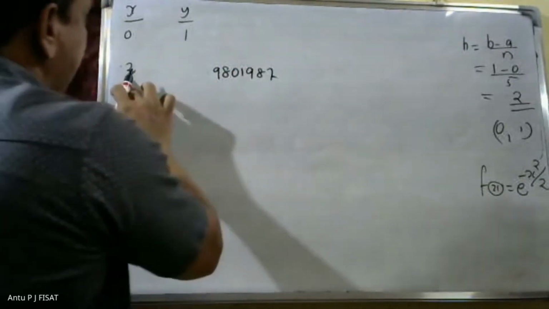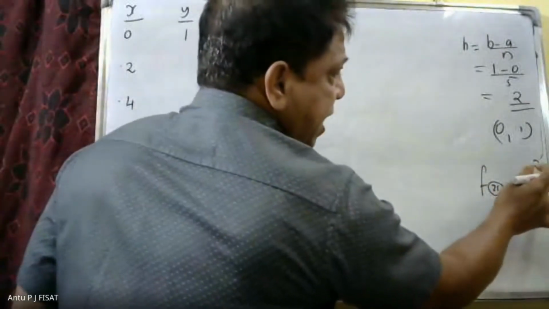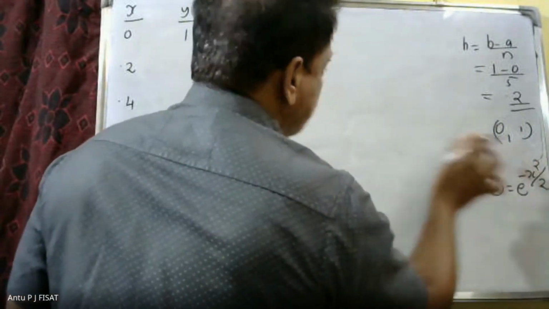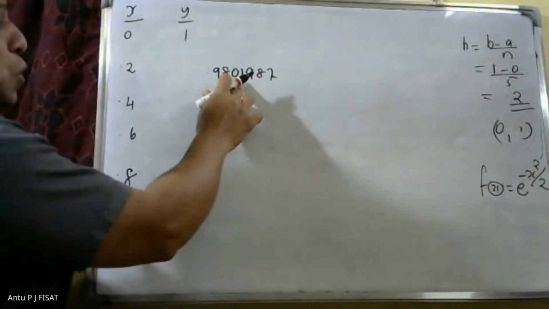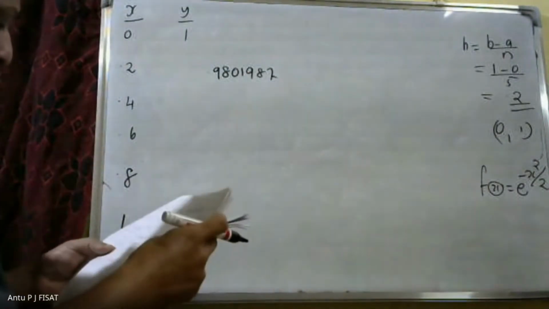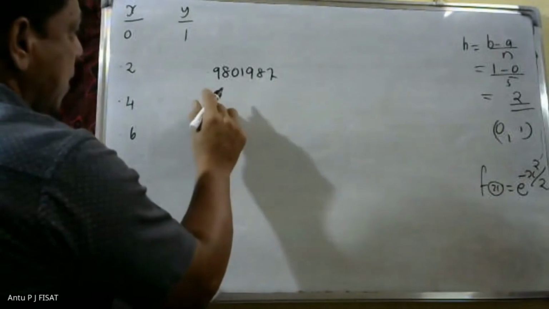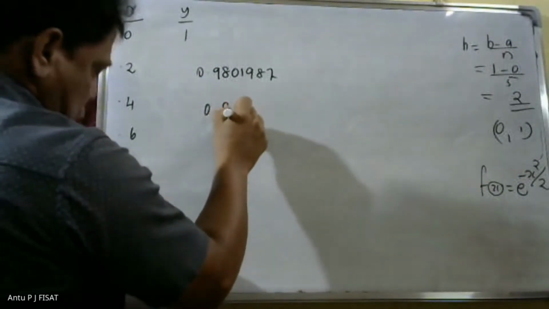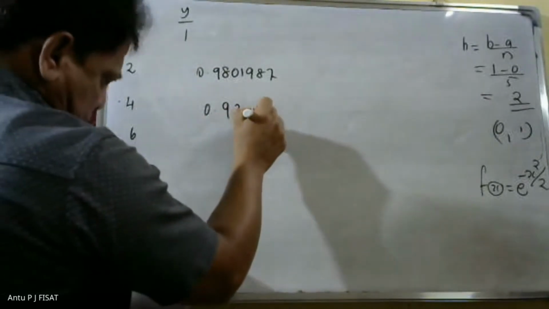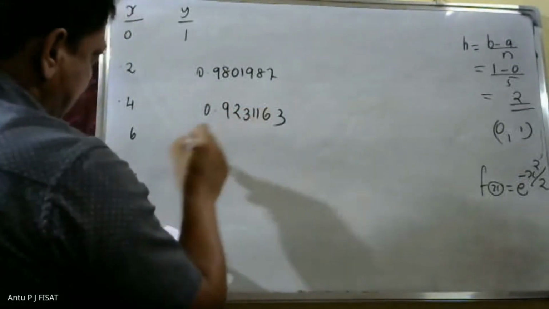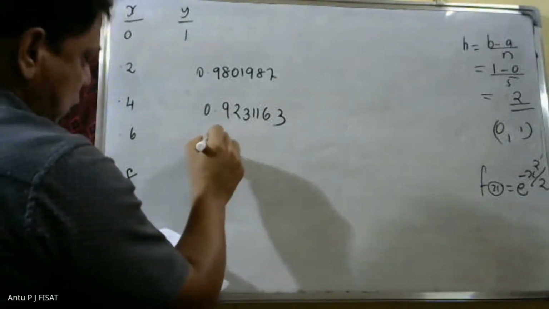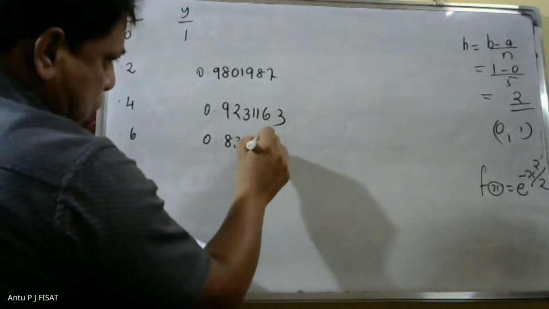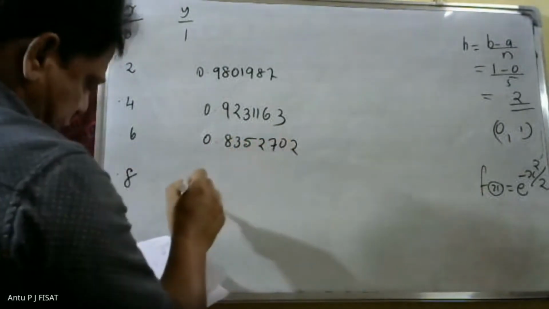When x is equal to 0.2, e raised to minus 0.2 the whole square by 2, the value will be 0.9801987. For 0.4, the value will be 0.9231163. For 0.6, the value will be 0.8352702.